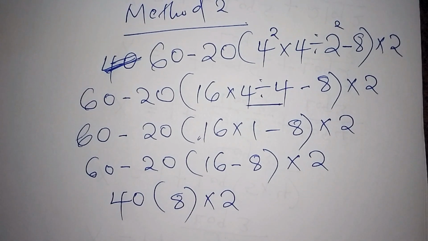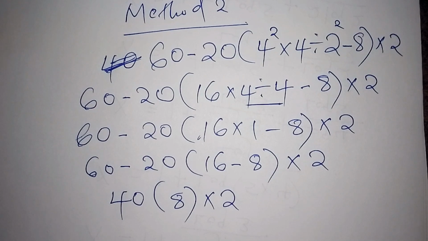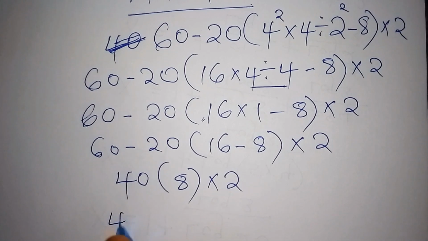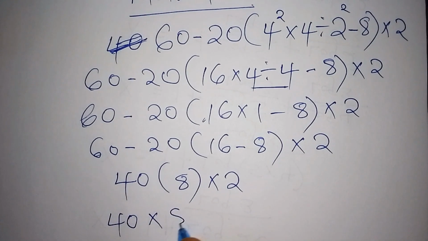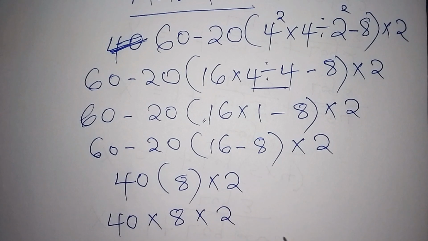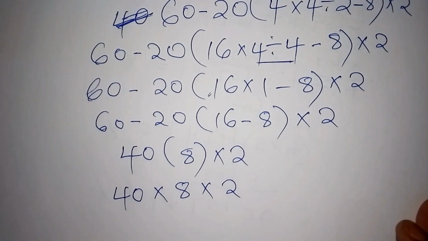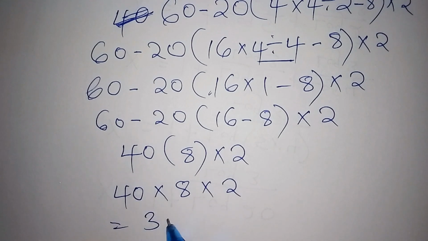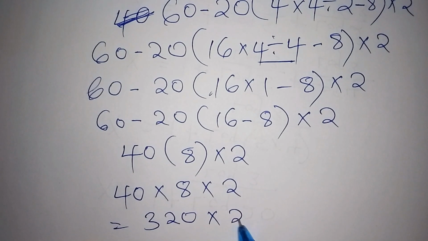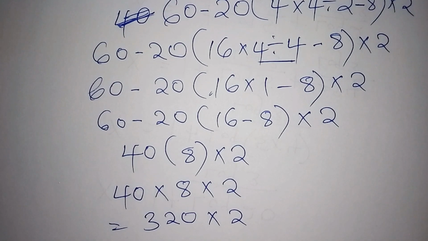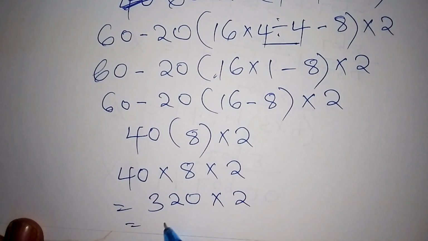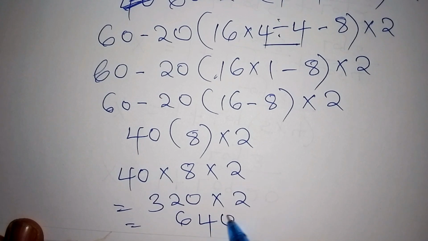Let's check if we still get the answers that we had in the first method. So we have 40 times 8, times 2. 40 times 8 is 320, then 320 times 2 gives our final answer, which is 640.